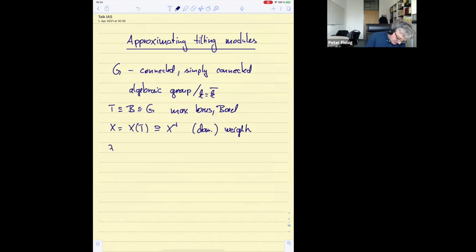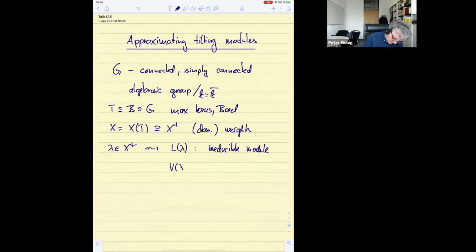And so for any dominant weight lambda, there are three types of modules for the group that are of interest. Well, the first is the simple module, so this is the irreducible module with highest weight lambda.